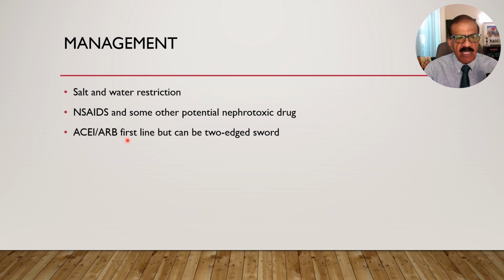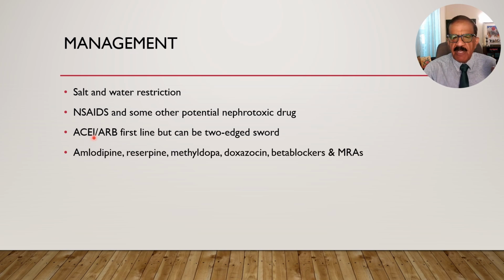If creatinine and kidney functions remain stable or improve, then of course this drug should be continued. But if creatinine and other kidney functions deteriorate, then we might switch over to another medication. So ACE inhibitors, ARBs, theoretically are the treatment of choice, but in some cases they may be counterproductive, so you have to be very cautious. That is the reason why I said that on every visit, a patient with kidney hypertension should have their kidney function determined.